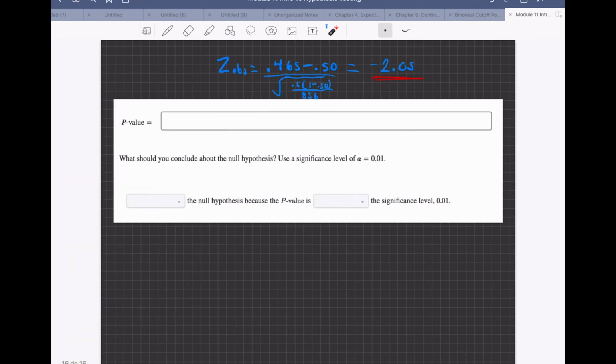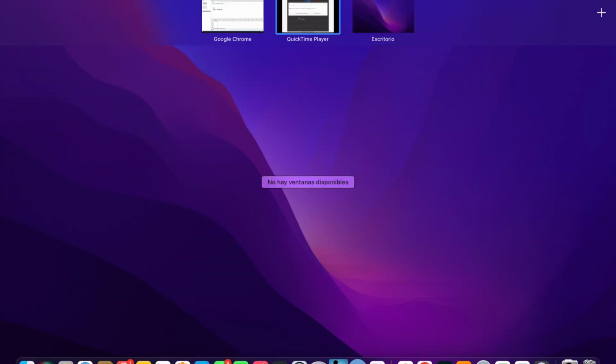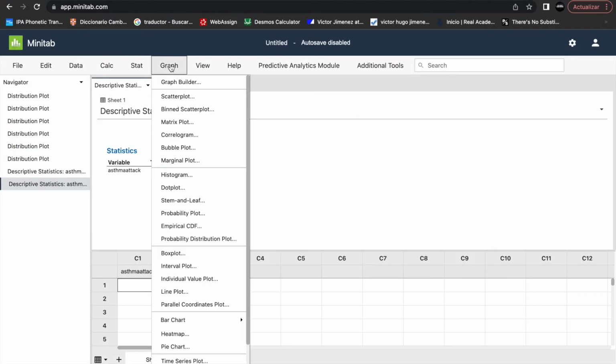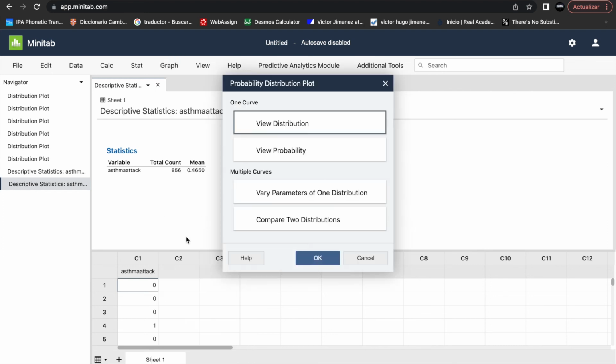So in this case, the p-value has to be computed like this. Go to Minitab. It's going to be a two-sided test. Graph, probability distribution plot, view probability, okay.